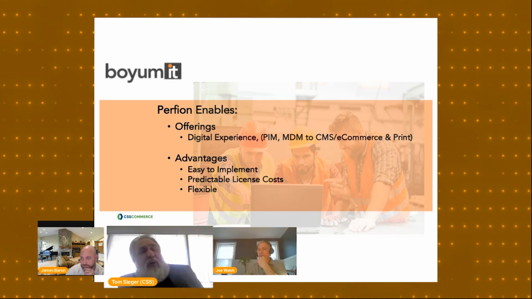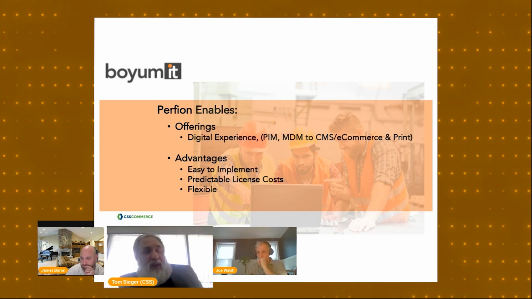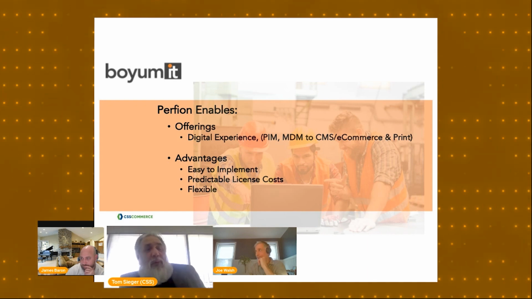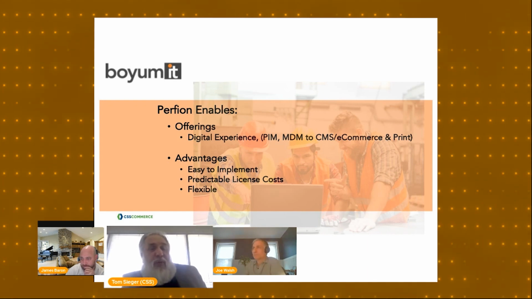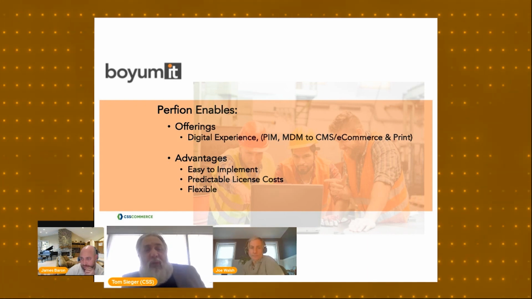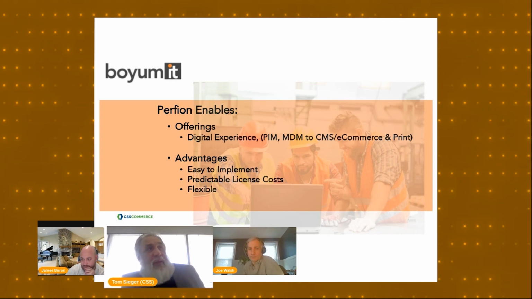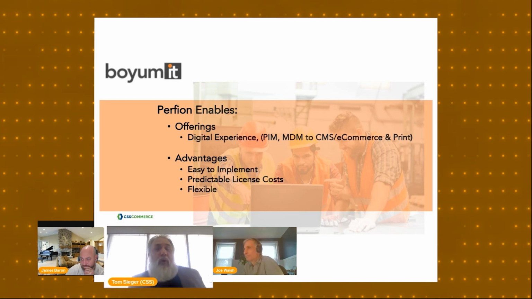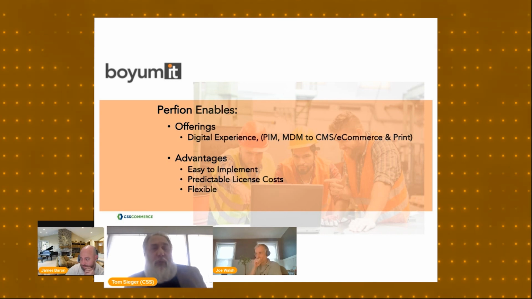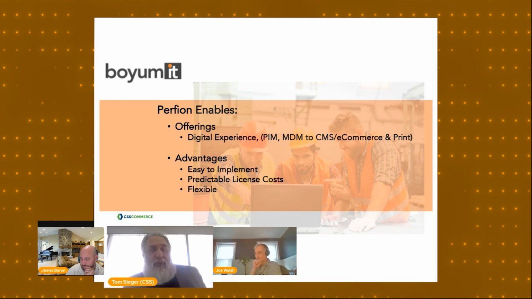The other thing that you get with Perfion is a very predictable license cost, which isn't always the case with Perfion's competitors in the PIM space or in the broader e-commerce space, where oftentimes vendors are trying to push the idea of giving you pricing based on the volume of business that you do rather than based on the software and the value that the software brings.